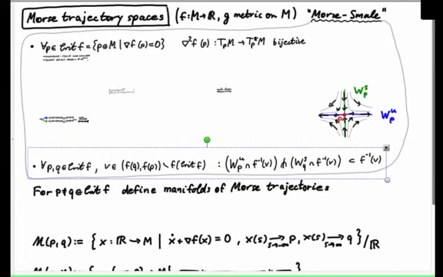The problem is once they intersect, they'll always intersect in whole flow lines. So they won't ever just intersect in a point, they'll intersect in at least one-dimensional things. And so that is not going to look really transverse in M. Instead, you take a level set between the levels of your two points.